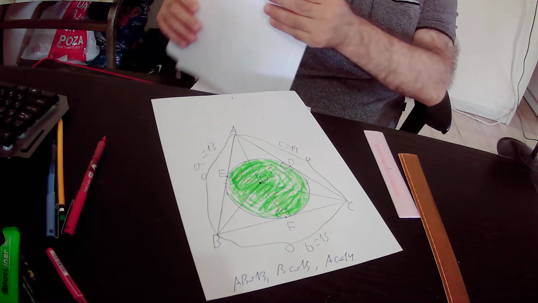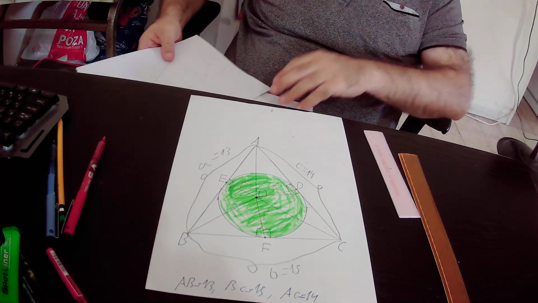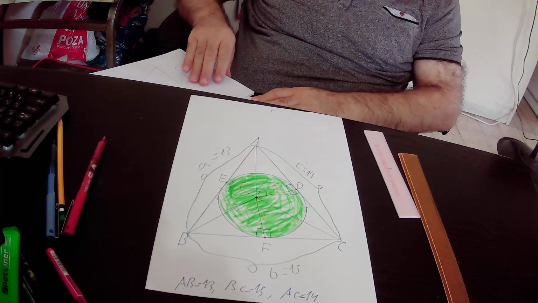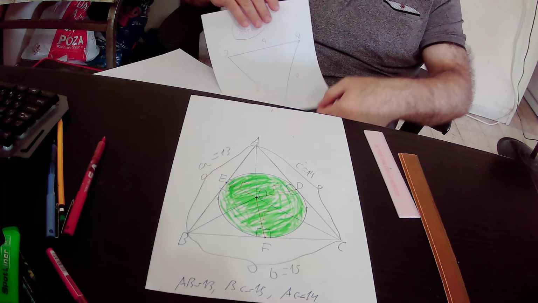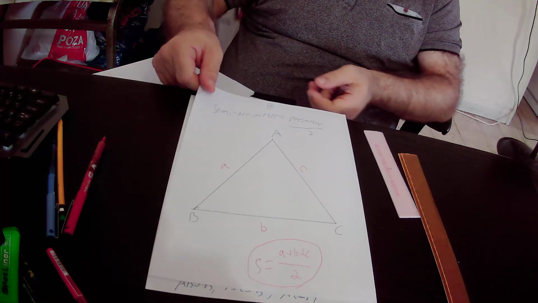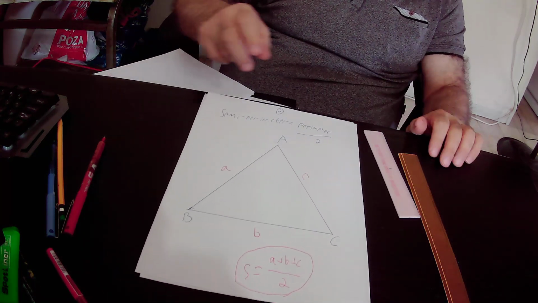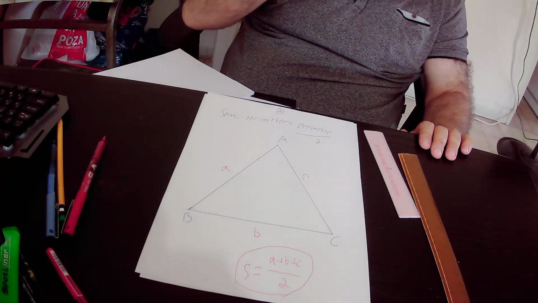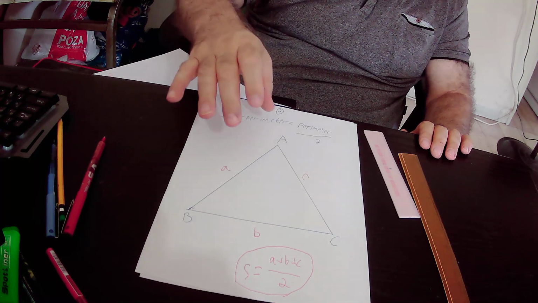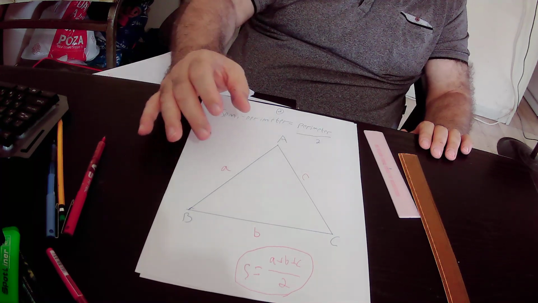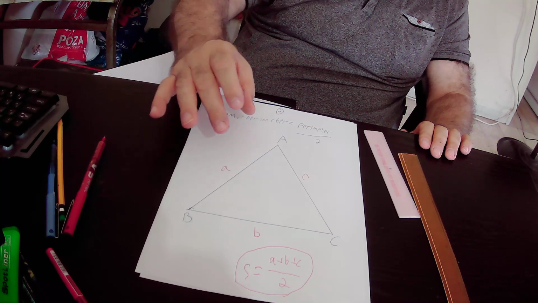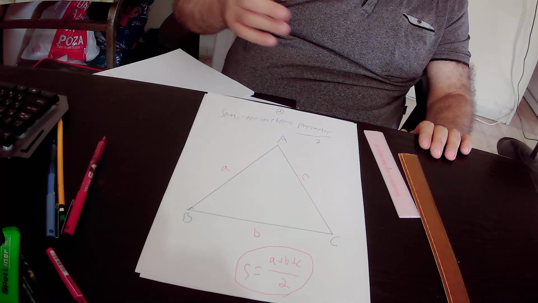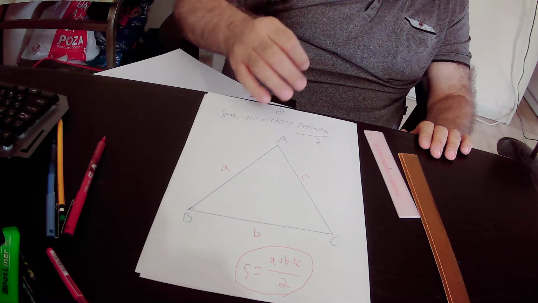So, actually, I presented to you a new theorem. It is the semi-perimeter of triangle ABC with sides A, B, and C, which equals the sum of its sides, that is A plus B plus C over 2, or it equals the perimeter of the triangle over 2.